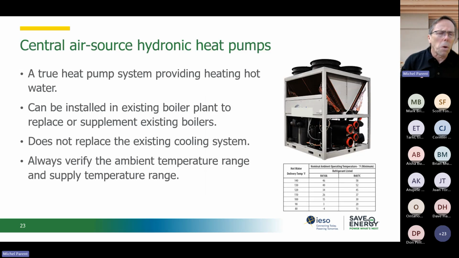Now, if you don't want to go to a water source type system, say, okay, I'm moving away from the chillers, I want a central air source hydronic heat pump. So instead of using the building heat, the internal gain, to provide your heating, because that's what the first two systems we saw use as their source.